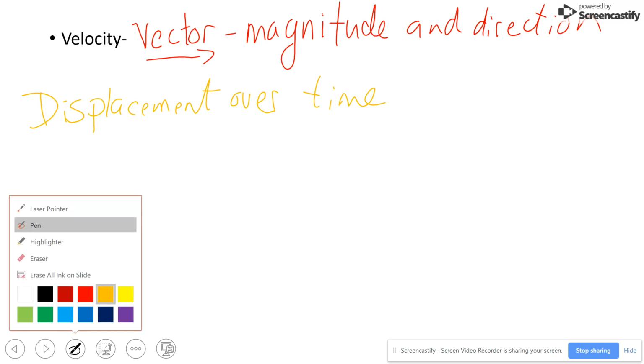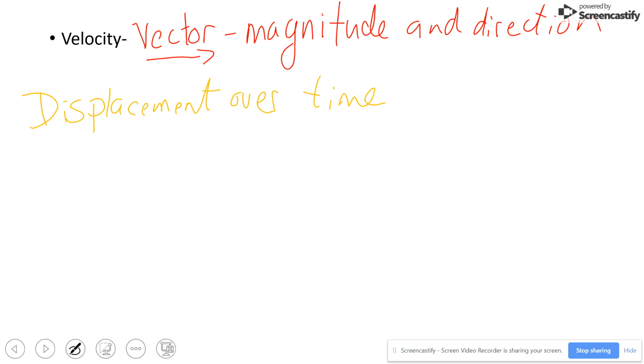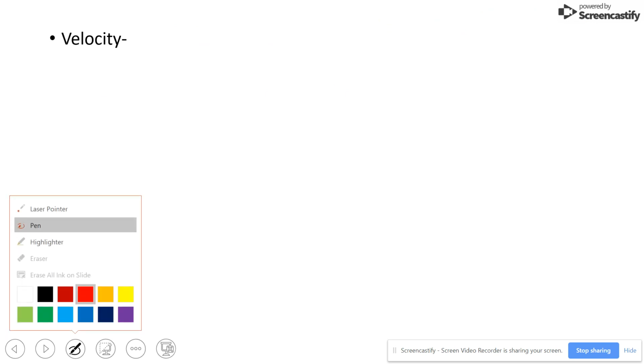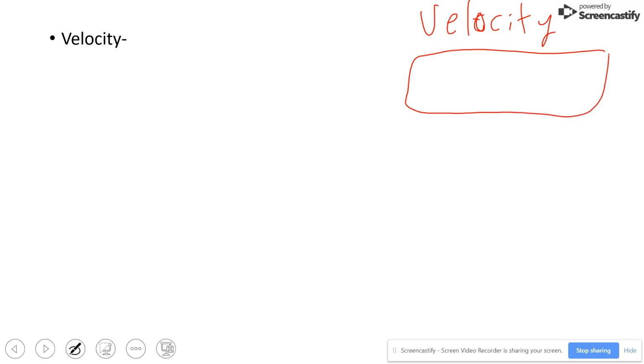If you look to the right, you have another box that says velocity. Let me erase everything on the slide. And so off to the side, you have velocity written already. And then you have this box. In here, we're going to put our formula. So v equals x over t.